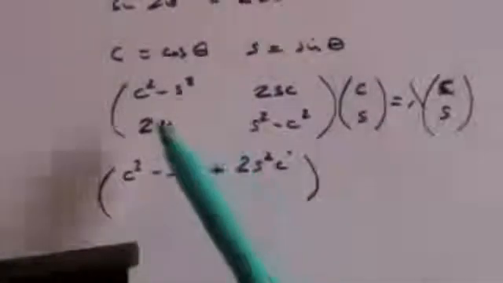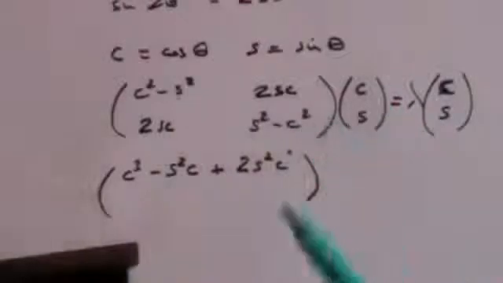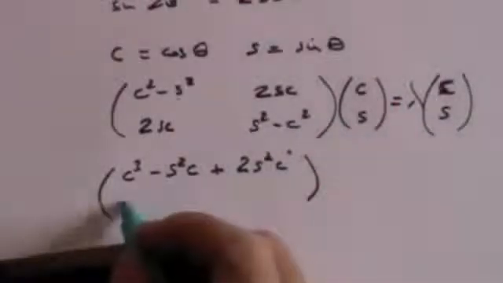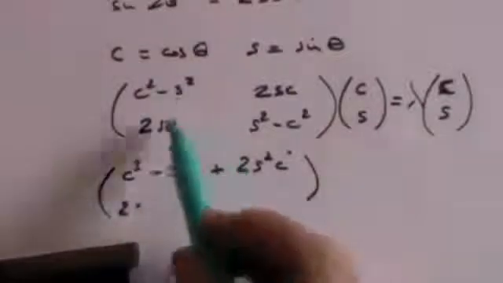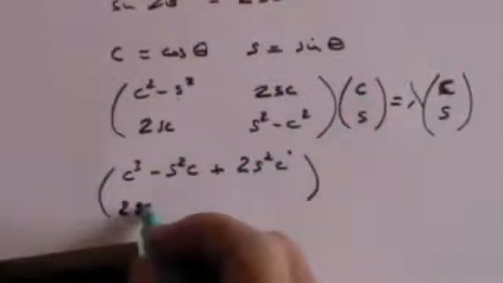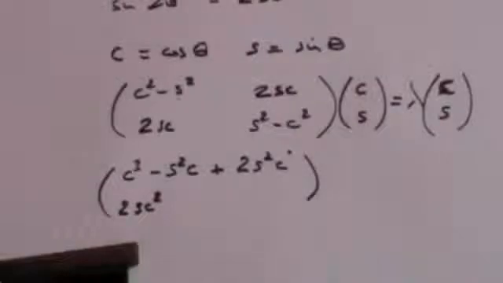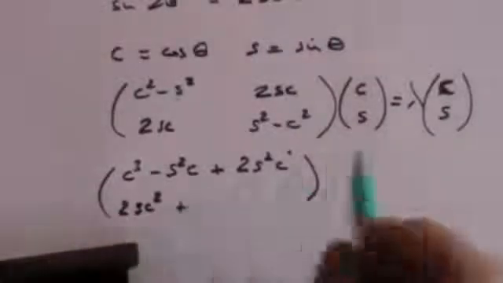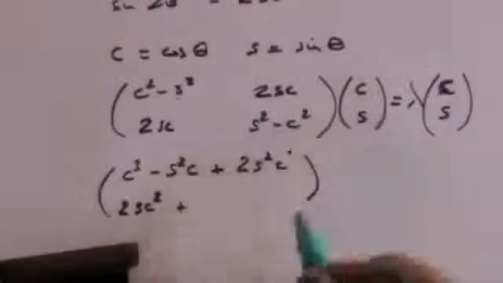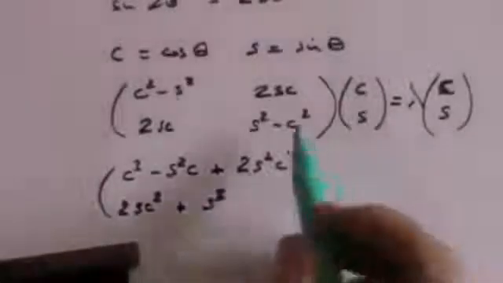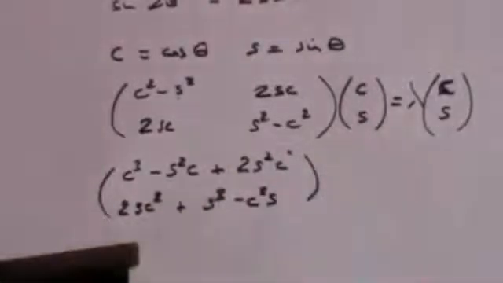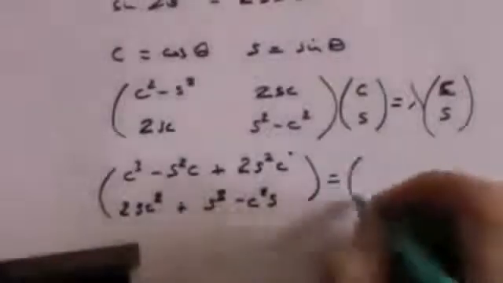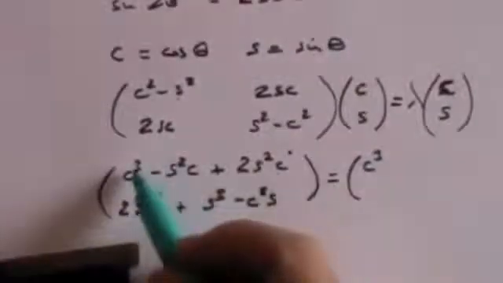The bottom term is going to be 2 sine cosine times cosine, so it's 2 sine cosine squared, plus sine cubed minus cosine squared sine.